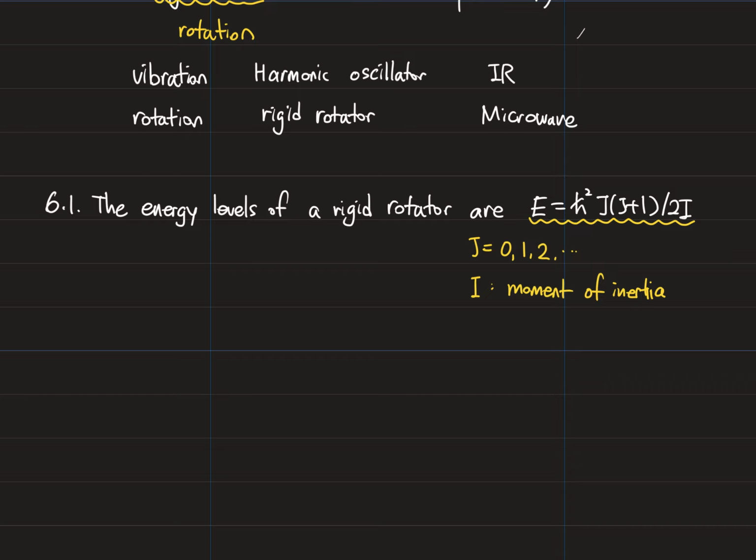So the rotational energy level is given like this, and we are going to try to understand why the rotational motion gives such a quantized energy level. Before we begin, we need to understand the rigid rotator model. So we are going to discuss that one first. Rigid rotator model.